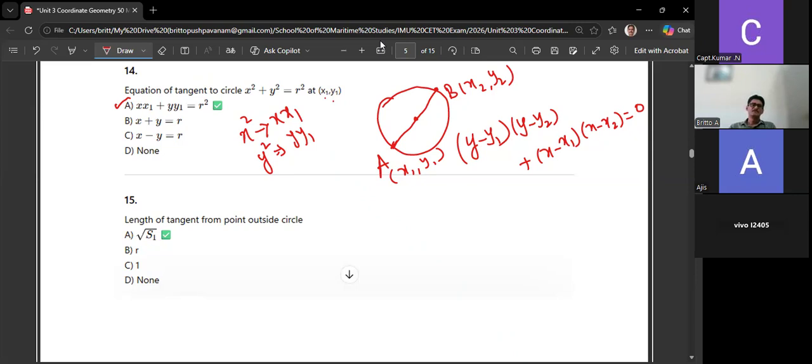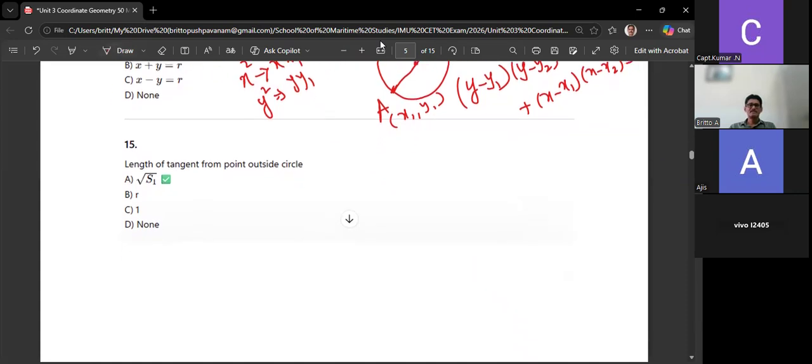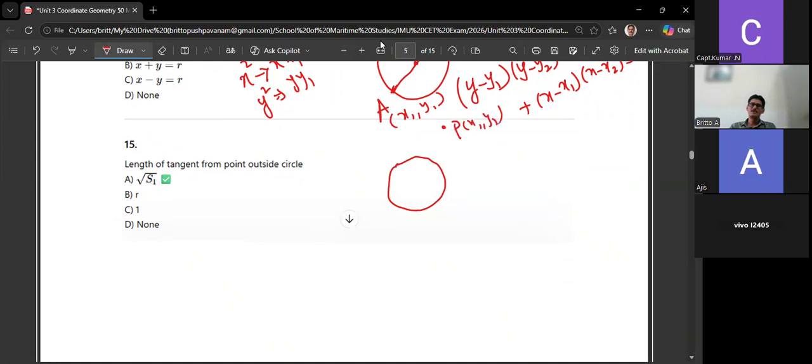Now move on to question number 15. What is the length of tangent from a point outside the circle? See, this is a circle. Take a point outside the circle, (x1, y1).